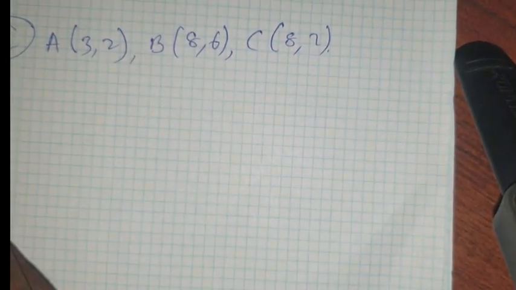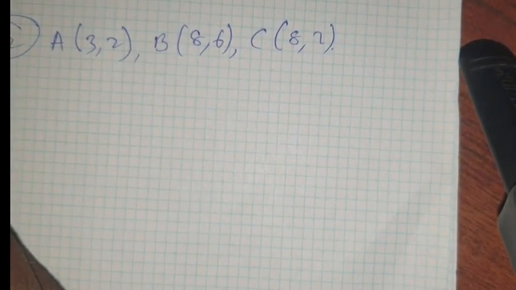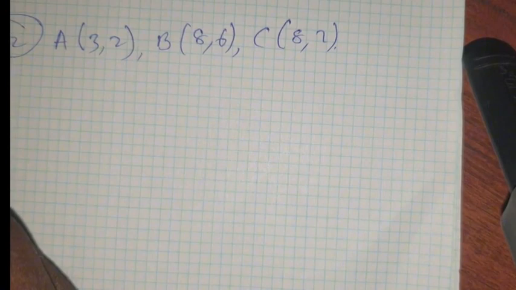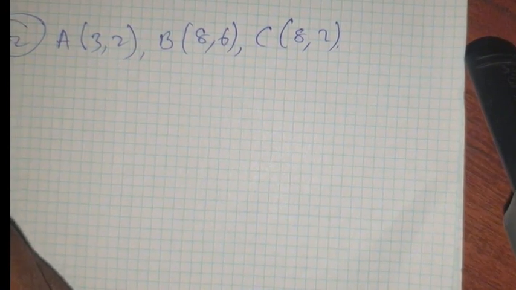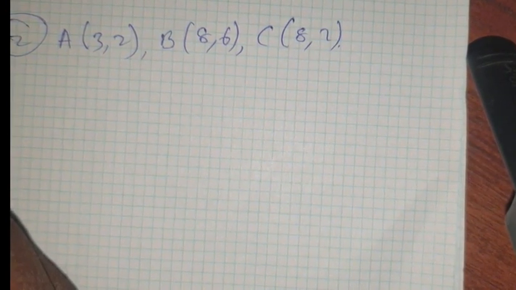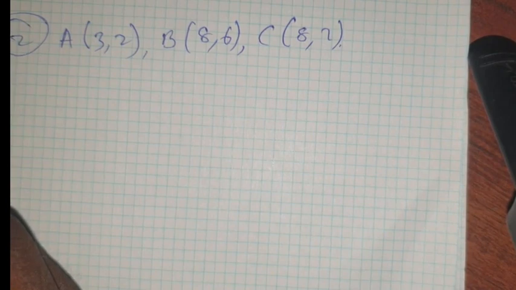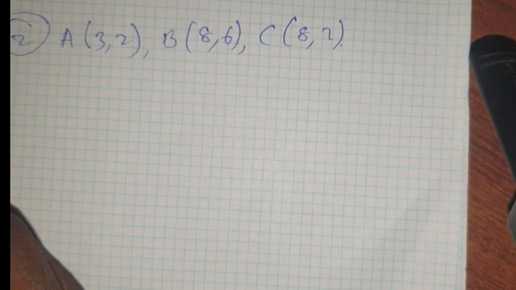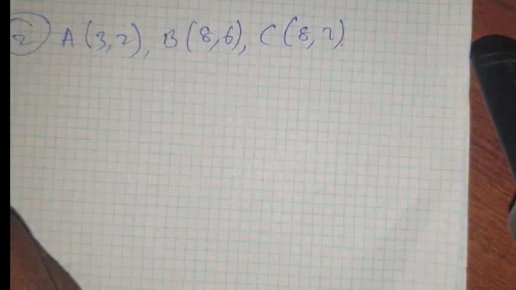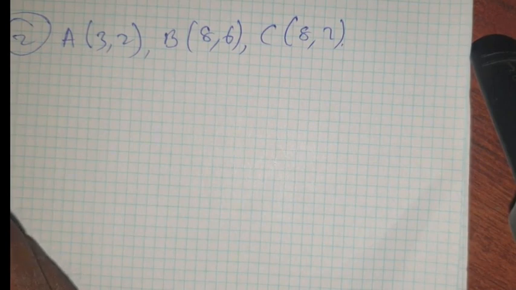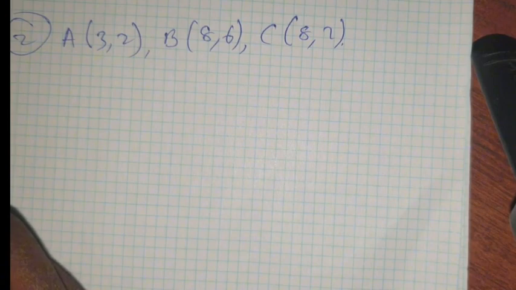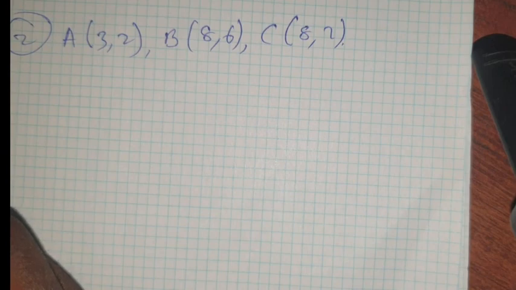Draw the image of triangle ABC after it has been rotated through 90 degrees anticlockwise about the origin. Label the image as A prime, B prime, and C prime. Write down the coordinates of these images. So I will start from the last part of the question, labelling the images as A prime, B prime, and C prime.